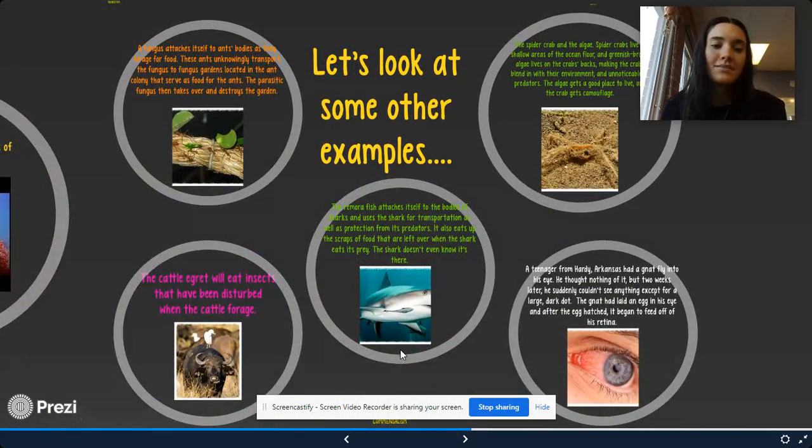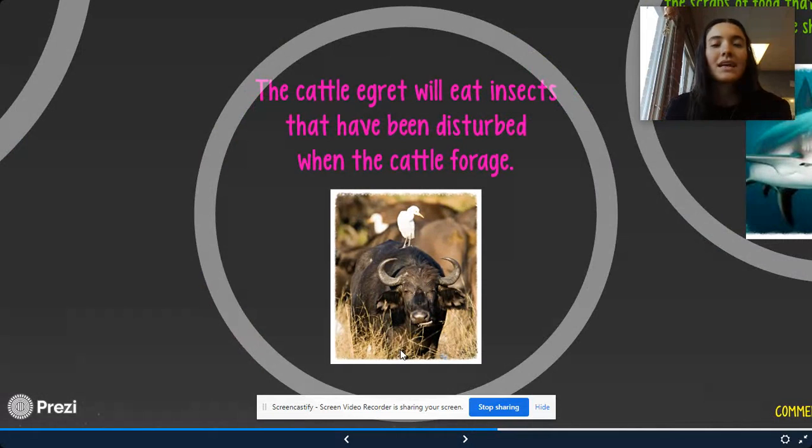So now let's look at some other examples. The cattle egret will eat insects that have been disturbed when the cattle forage. So this is the cattle egret. I don't know if I'm saying that right. So it will eat insects that have been disturbed when the cattle forage.